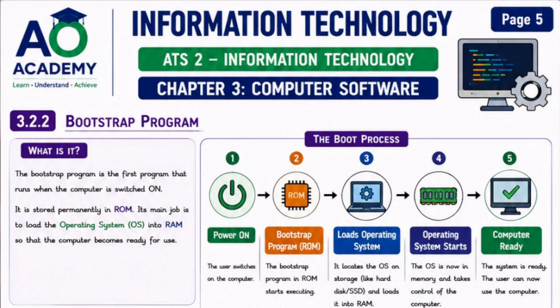And I told you that ROM, in terms of capacity, is very small. The reason why it is small is because what it does is it loads the operating system. Before the operating system, that is the memory that is at work to load it, because the operating system is not in RAM or ROM.